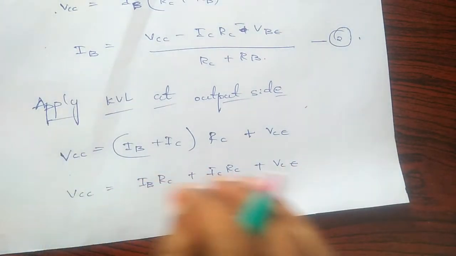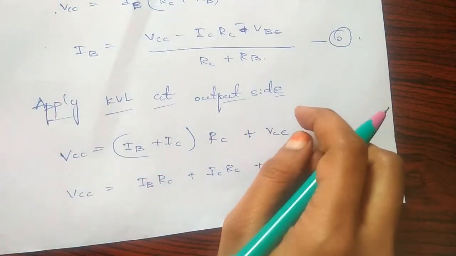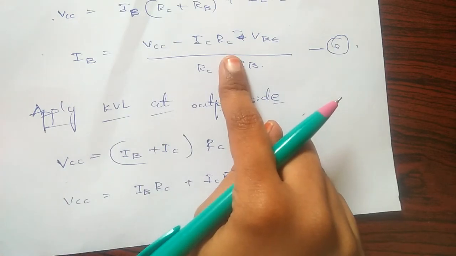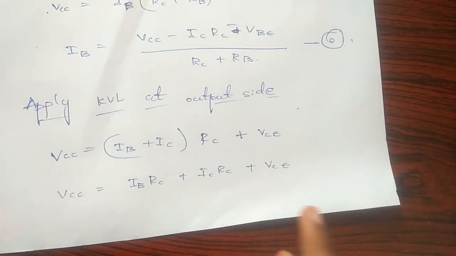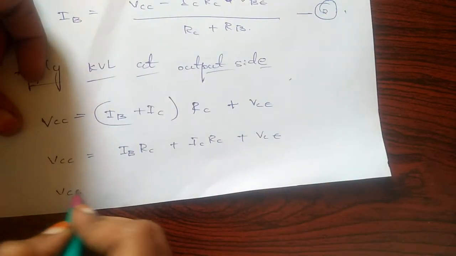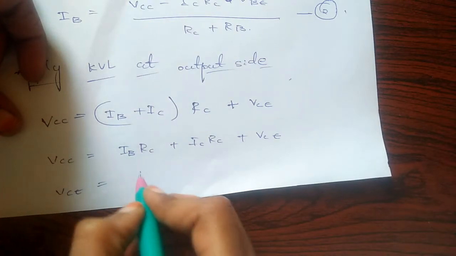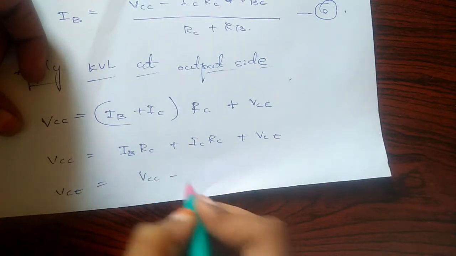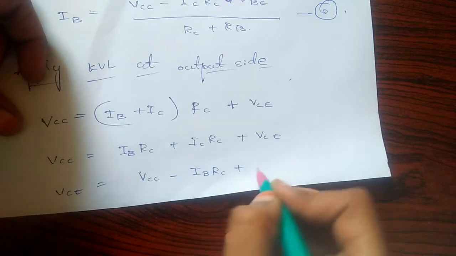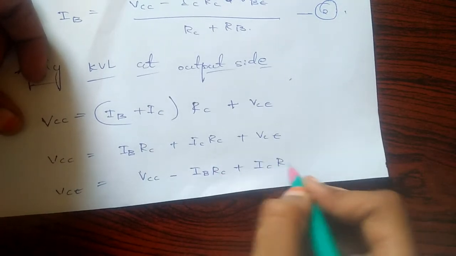Now if you want to simplify both equations, for the IB term, you can take VCE, which is equal to VCC minus IB RC plus IC RC.